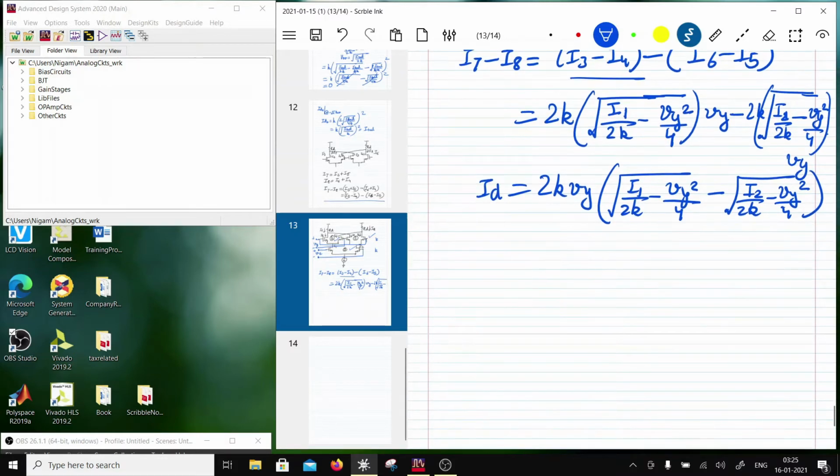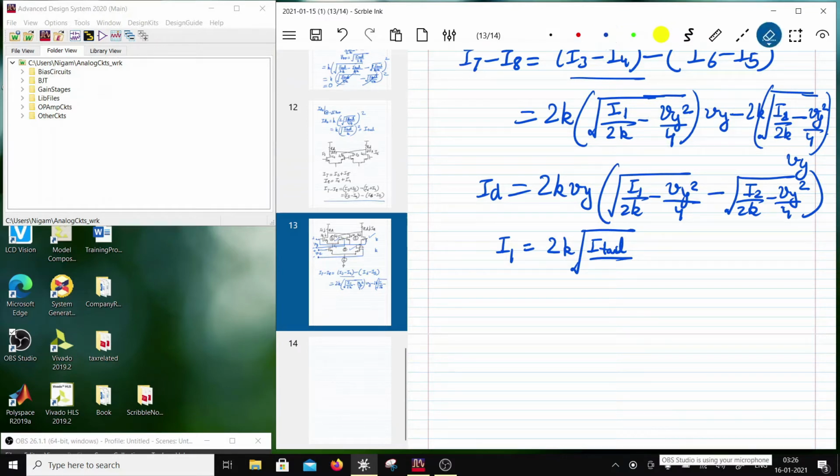Now here I1 itself is going to be twice of K times of root of I tail by, oh, sorry, just 1 second.